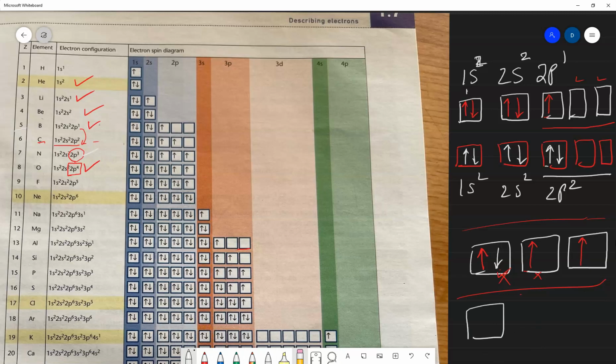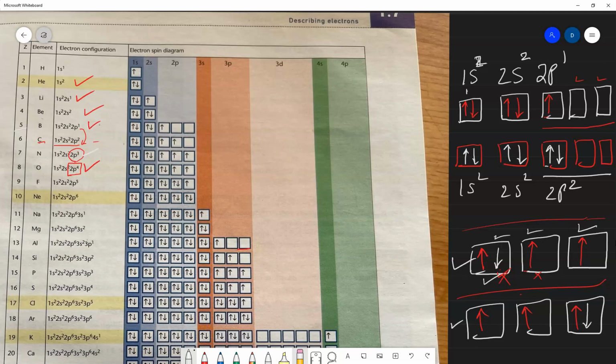Some books write like this way, assuming that there is already a single electron in all the p orbitals, and the next electron they can also put here. So both are the same. You can follow whichever method. I would go with the first approach, because we always write from left to right. One thing you have to remember is that there is no difference between the 3 orbitals. They are all identical.